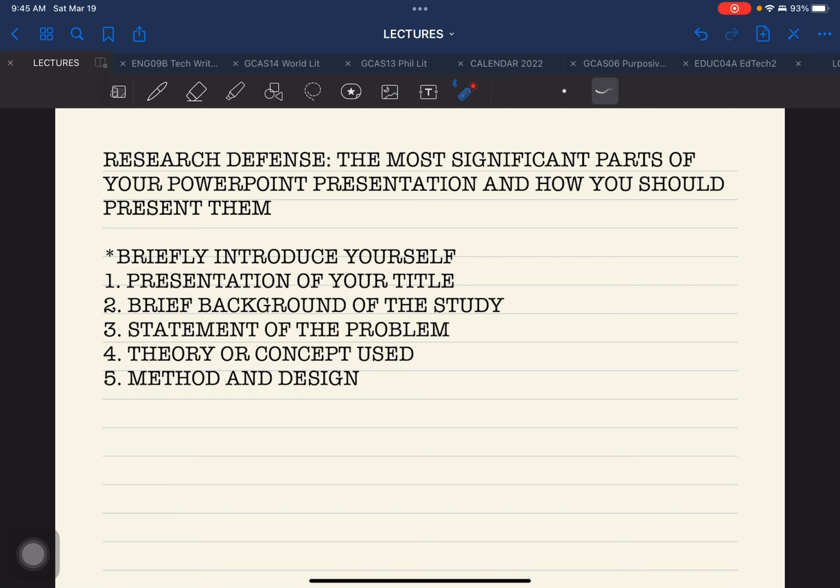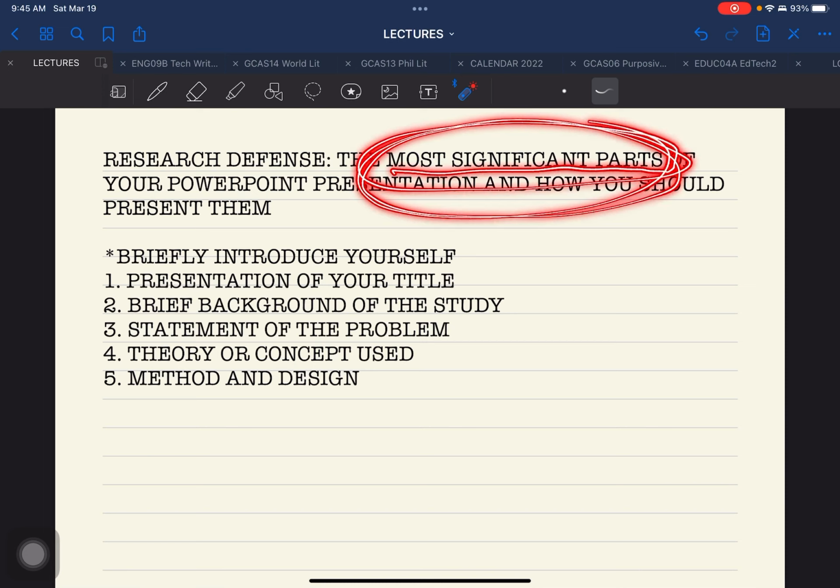Okay, because there are research presentations and manuscripts that do not clearly state the method used or the design used, or they use the terms interchangeably and cannot identify which one is the method and which one is the design. Now, in relation to the title of our discussion, these are the most significant parts.